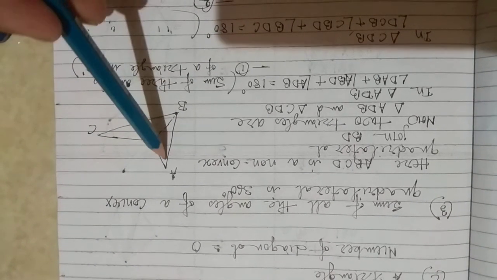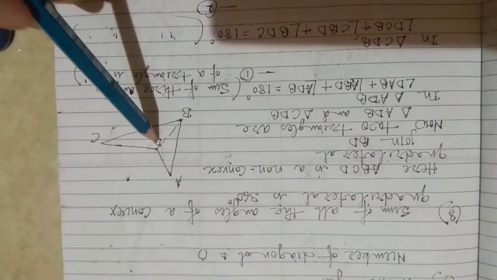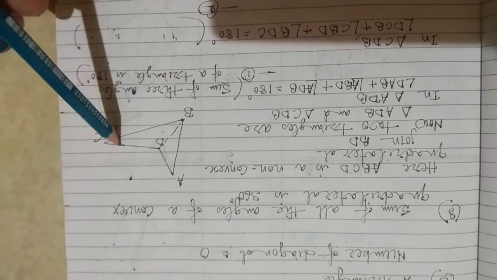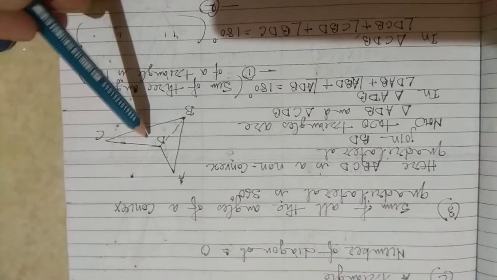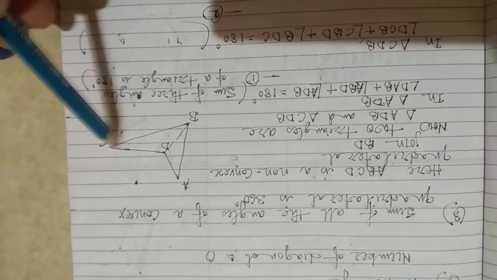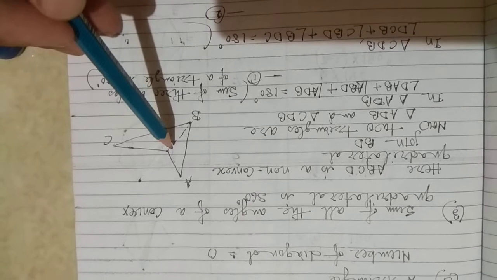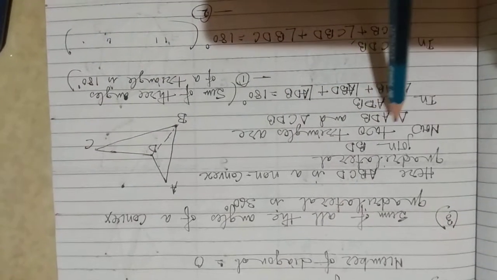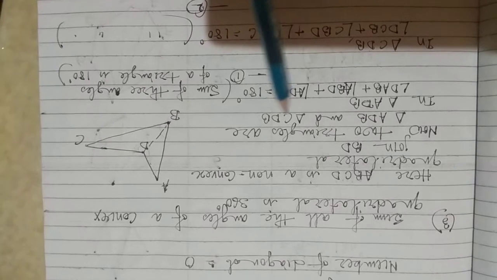The sum of all 3 angles of triangle ABD is 180 degrees, and the sum of all 3 angles of triangle DBC is also 180 degrees.